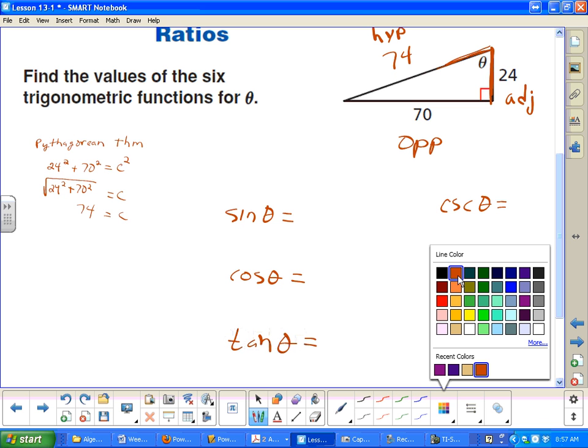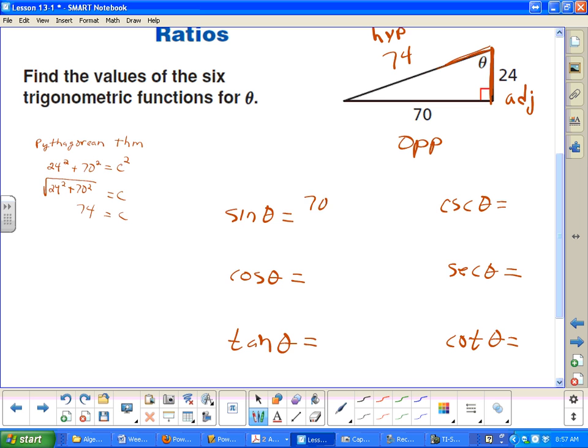Okay? So sine is opposite over hypotenuse. So 70 over 74, which is 35 over 37. Cosine is adjacent over hypotenuse.